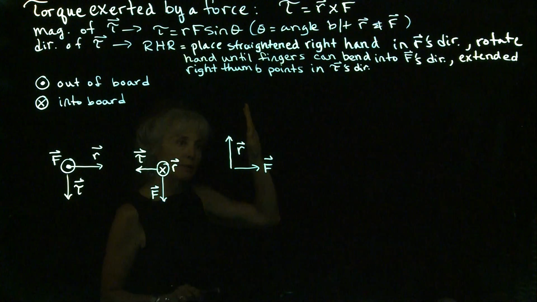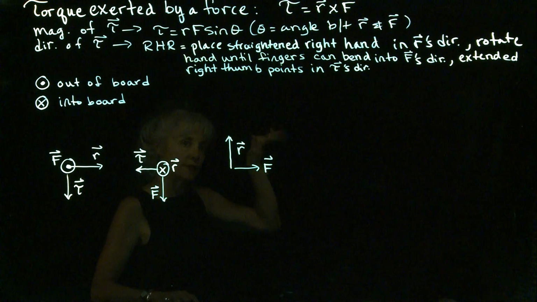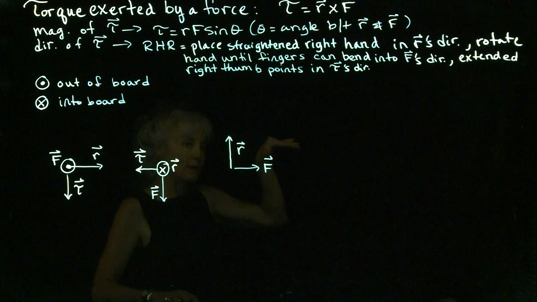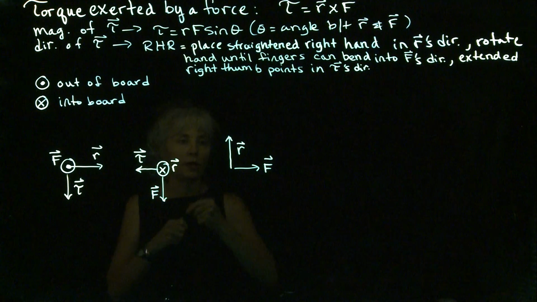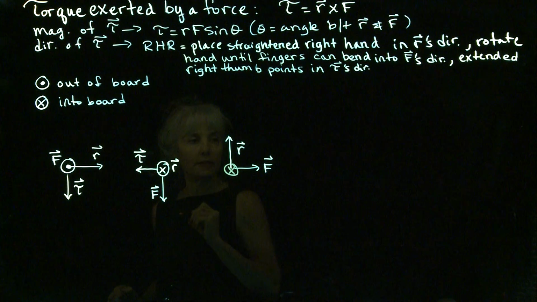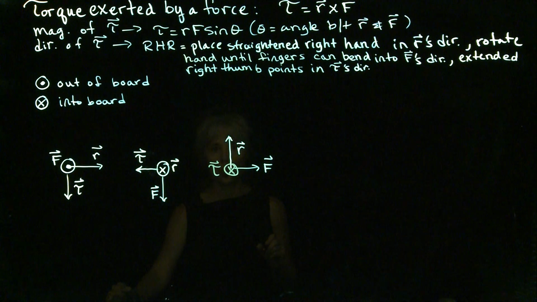Now I want to rotate my hand until my fingers can flip into the direction of the second vector. That can only happen if my palm is facing the second vector. Then my fingers can bend into the second vector, and then I extend my thumb. My thumb points, notice, into the board. Into the board gets the X. So that's the direction of the resultant torque.